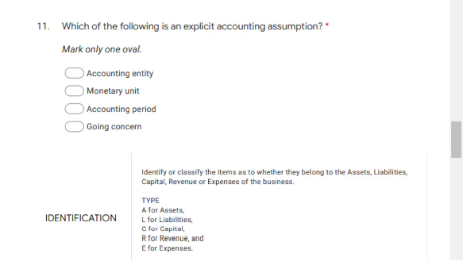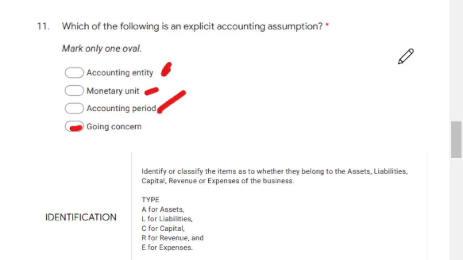So under the revised accounting framework, the explicit accounting assumption is the going concern. All else like accounting entity, monetary, and accounting period are implicit accounting assumptions.